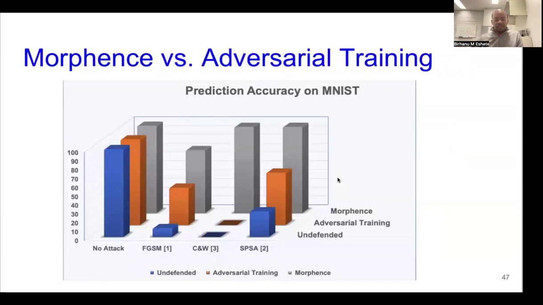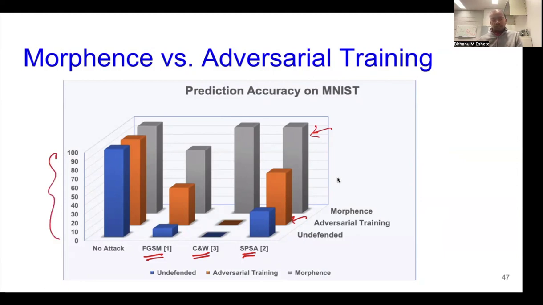So we compared MORPHINS with adversarial training, and here is a comparison. The gray bar is MORPHINS, and the orange bar is adversarial training against fast gradient sign method, Carlini-Wagner, and SPSA attacks. And as you can see, overall, MORPHINS outperforms adversarial training when you look at the accuracy under attack.